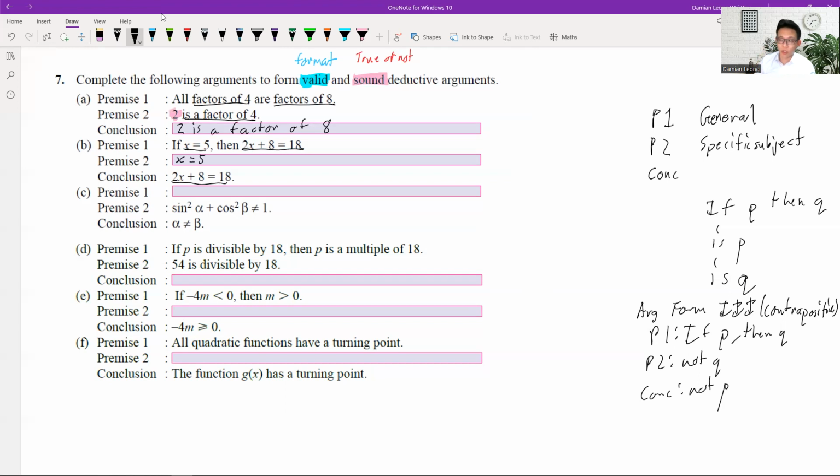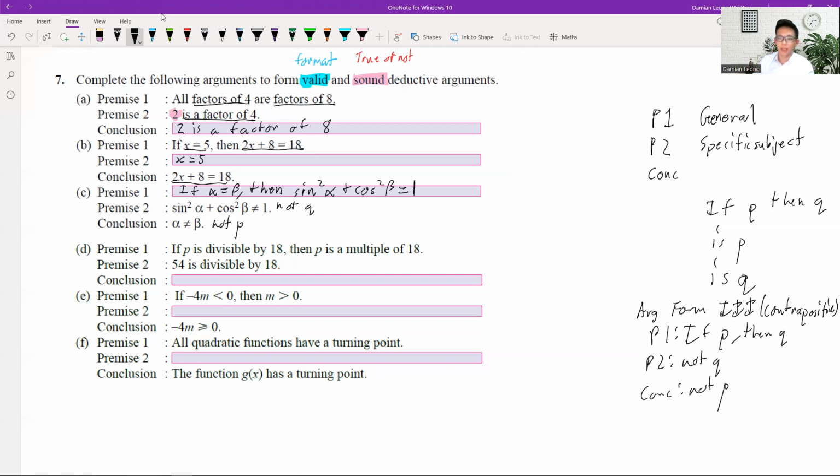Means not Q, then not P. In other words, premise 1 will be: if P, meaning alpha equals beta, then Q, sine square alpha plus cos square beta equals 1. That's how it works.